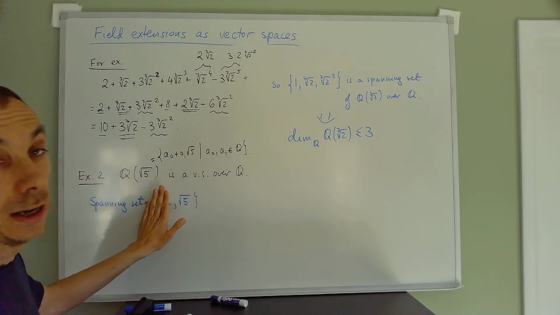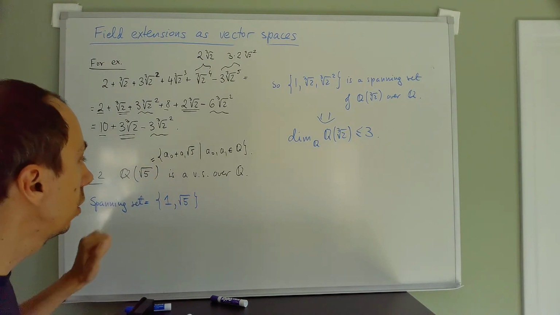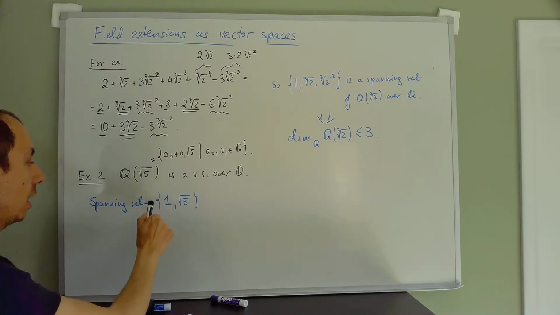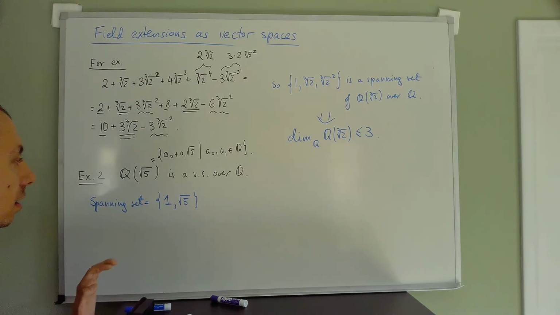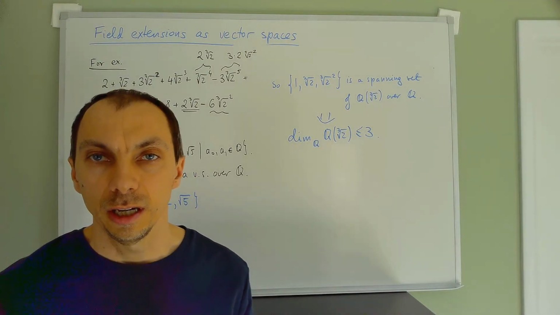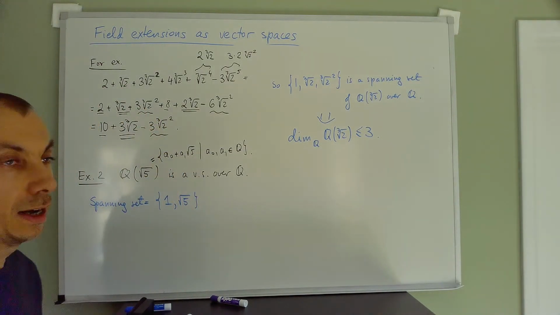Just radical 5 wouldn't do, because any rational times radical 5 would give me an irrational number. But if I just have 1, then a rational number times 1 is rational, so you would never get anything that involves radical 5.